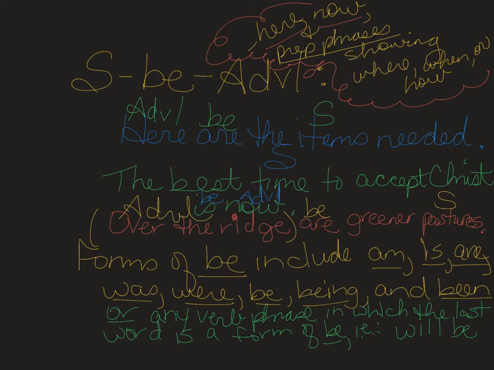Not part of a prepositional phrase, not a word in a prepositional phrase, but it is possible with SBE-ADVL that the whole phrase is your ADVL. If that's the case, that prepositional phrase should answer one of these questions: where, when, or how.